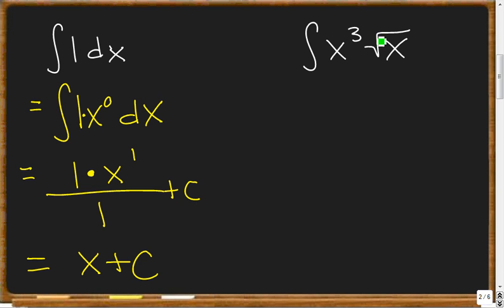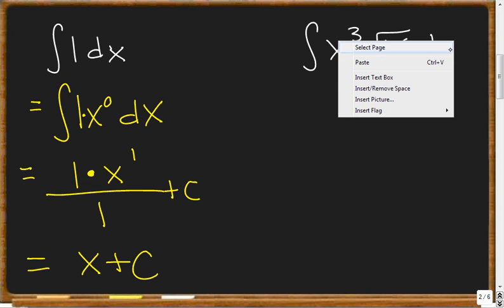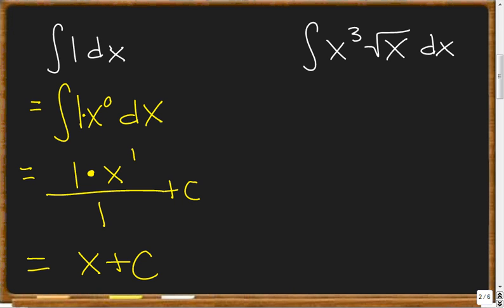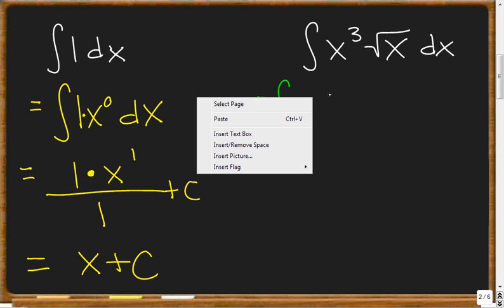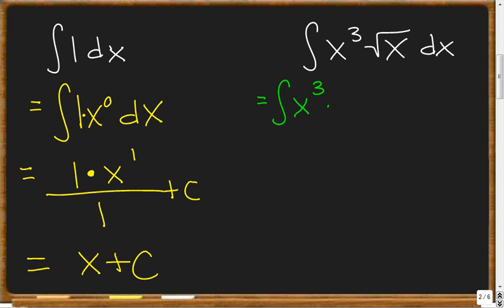In the second example, we have the integral of x cubed times the square root of x dx. We have to simplify this first before we move on. This is going to equal the integral of x cubed times x to the 1/2. And we can combine these.